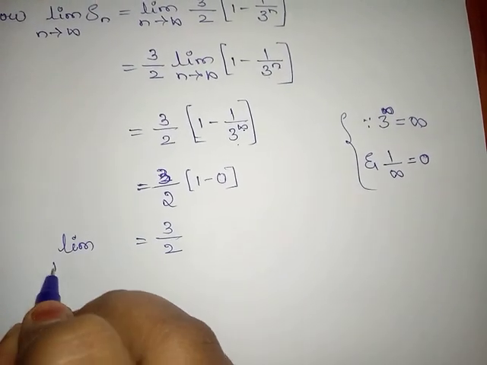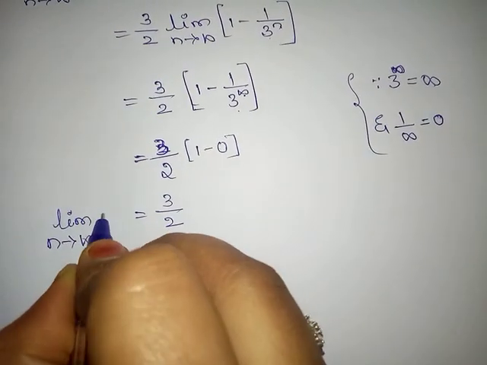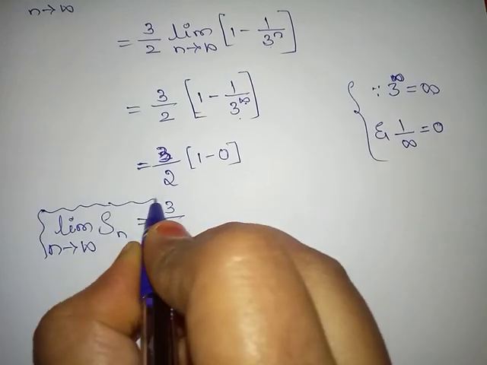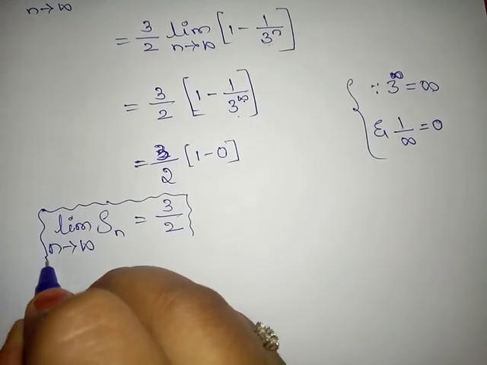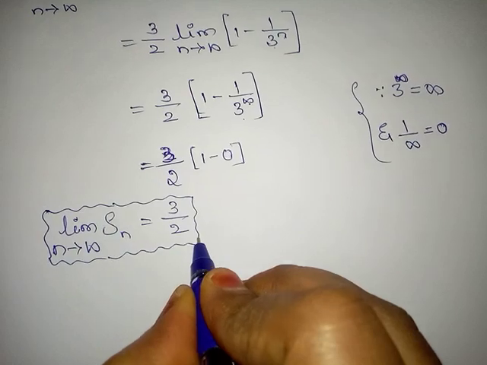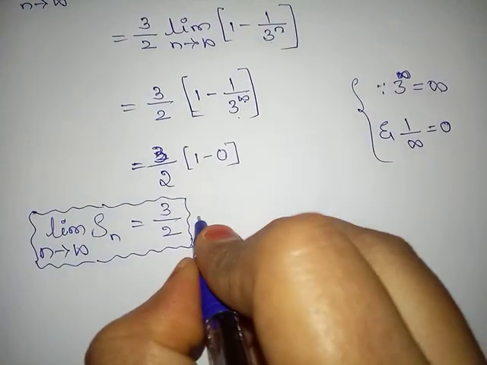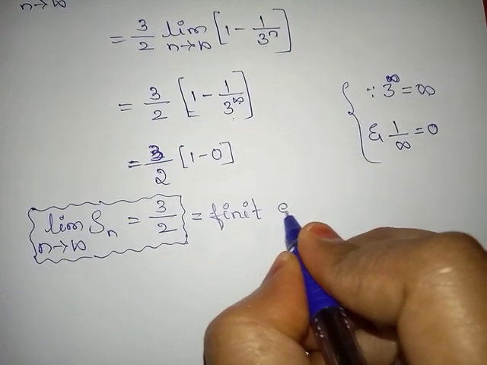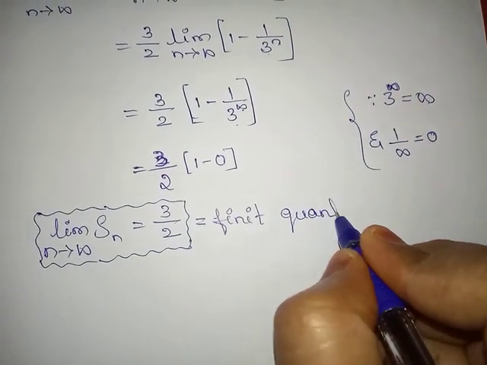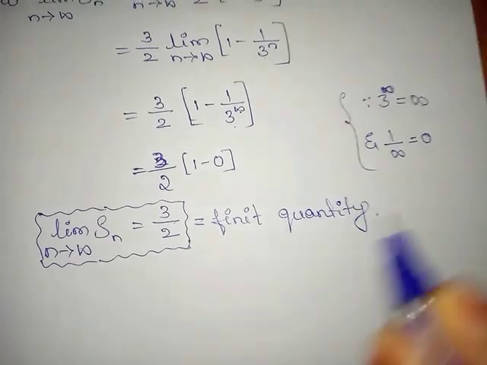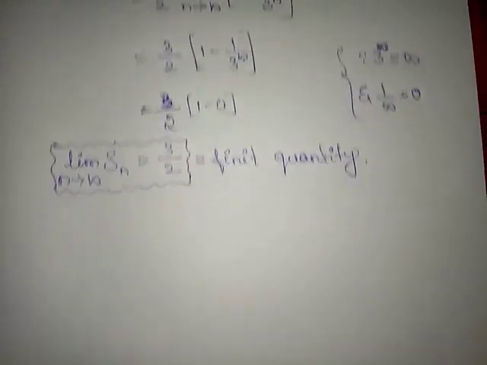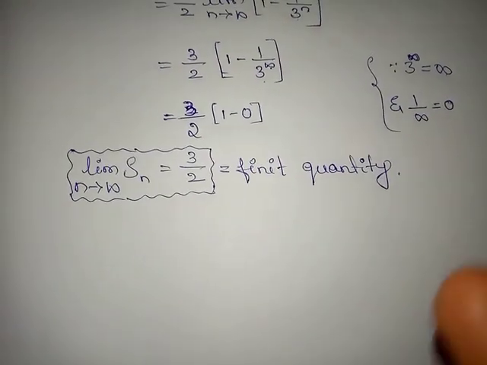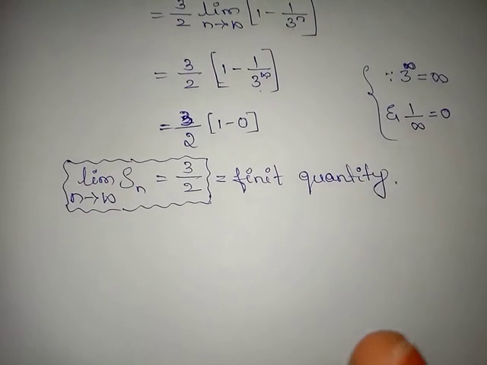Limit n tends to infinity, Sn is equal to 3 divided by 2. We know that 3 divided by 2 is a finite quantity. We know that if limit n tends to infinity, Sn tends to a finite quantity, the given series will be what?